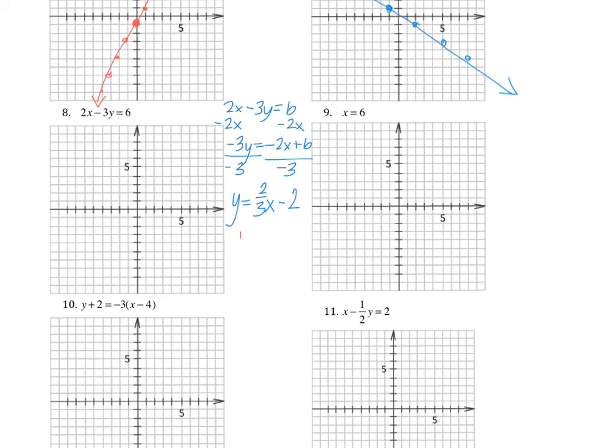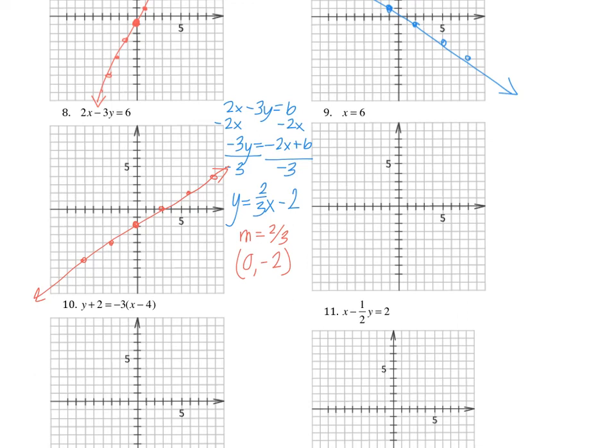I can see my slope will be 2/3, and my beginning point would be 0, negative 2. Plot that out. 1, 2, 1, 2, 3. Then connect your line. There we go. Positive slope, positive increasing line.